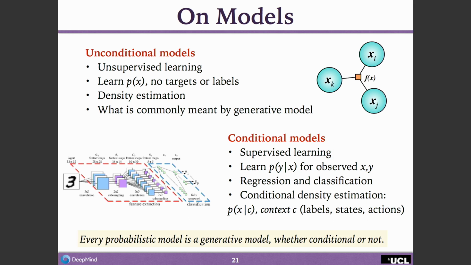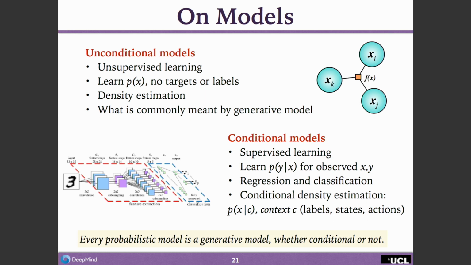And the other side is to not be conditional, is to do unconditional models. So that's typically what people mean when they say unsupervised learning. You want to learn P of X. Like someone said at the back earlier, there's no targets, there's no labels. And typically, a generative model has meant an unconditional model, but even that is not something you should really live by.